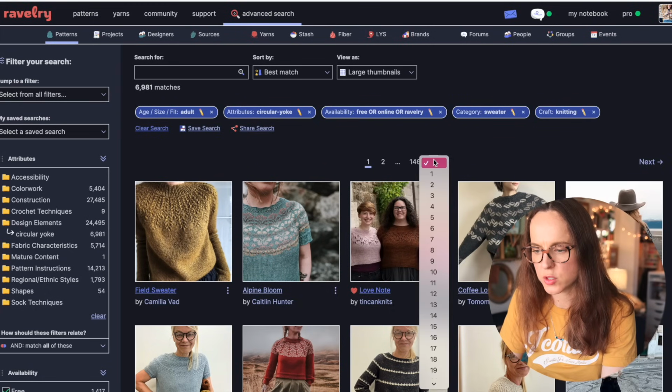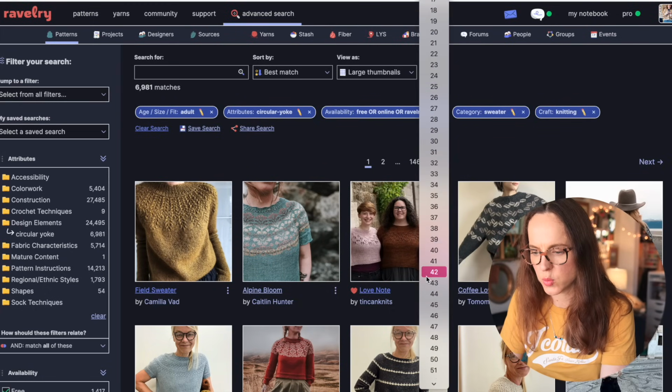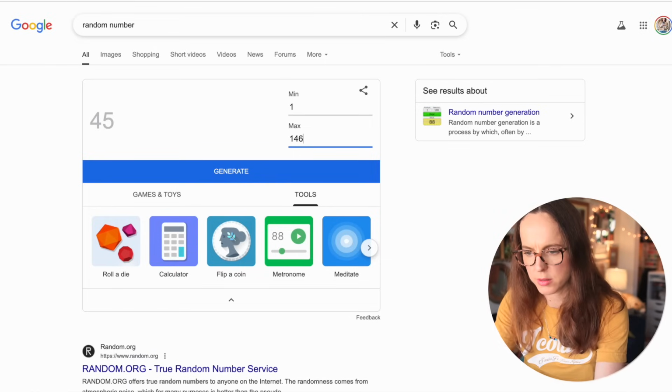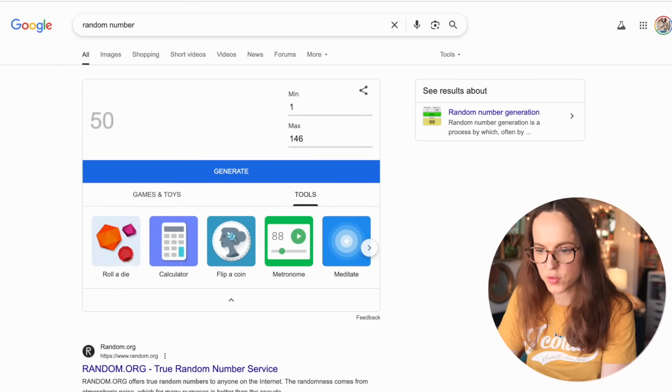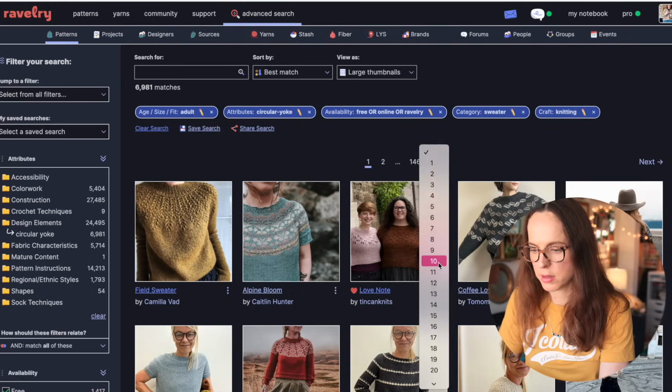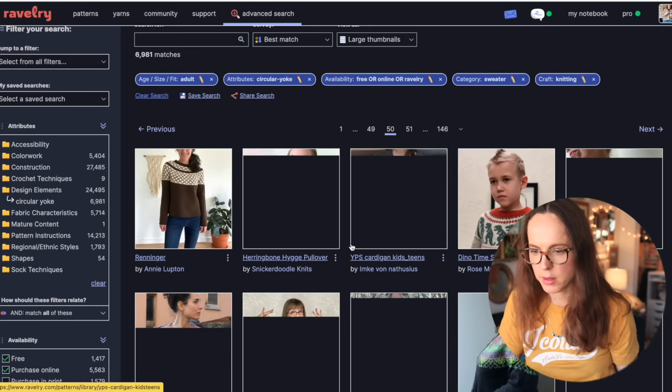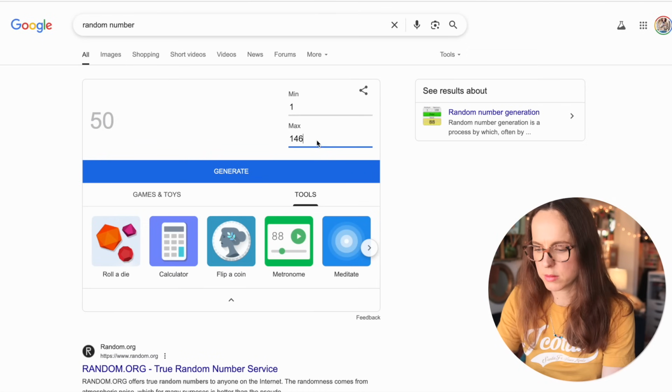So we're going to go to page 26. Result 28, is that right? How many pages? I messed this up. I'm making a big old pig's ear out of this. 146. We're going to page 50. Sorry, let me just overcomplicate things. Okay, and then there's 48 results.